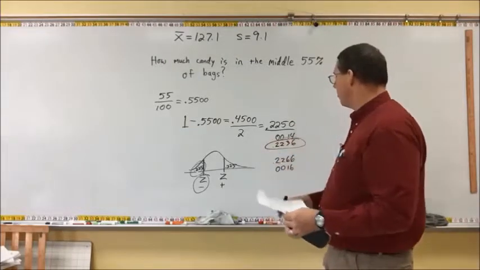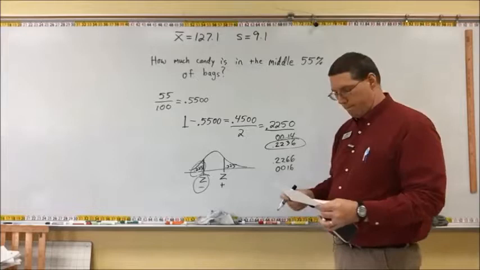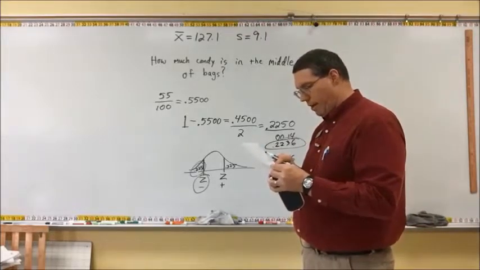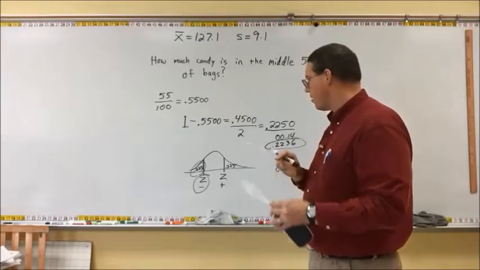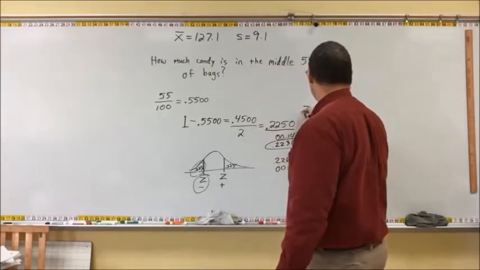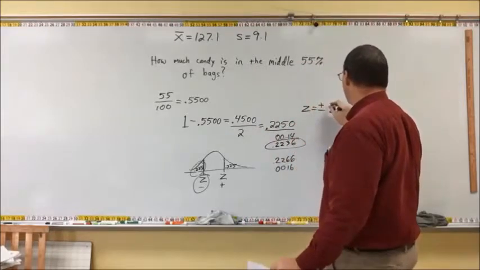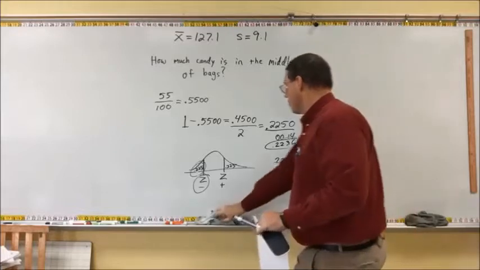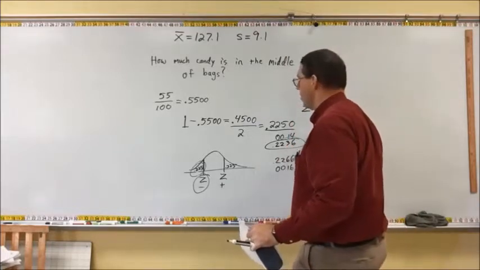So this is the one I'm looking for, 0.2236. So 0.2236, there it is. I've got negative 0.76. So it's z equals plus or minus 0.76. That's our z-score.